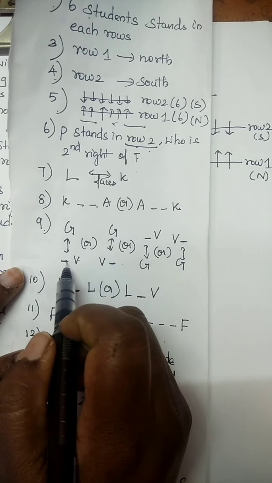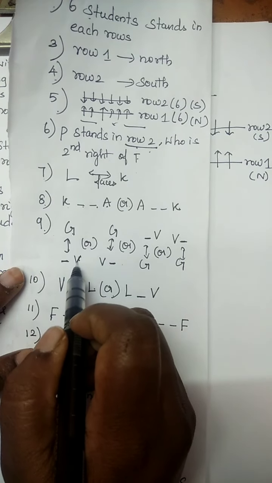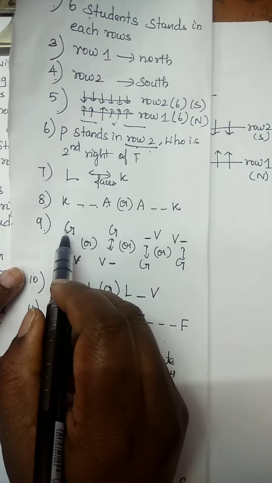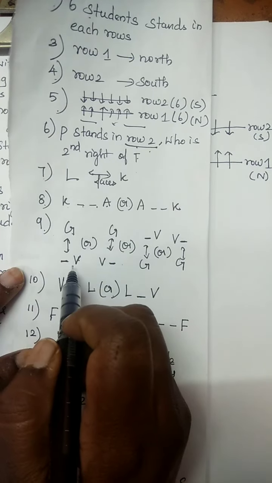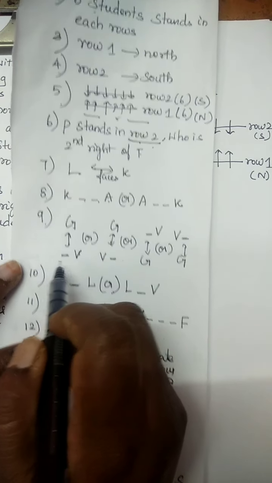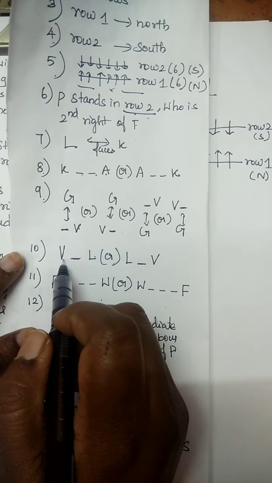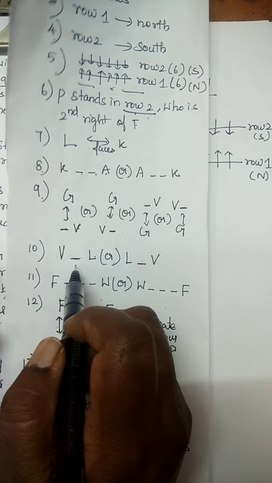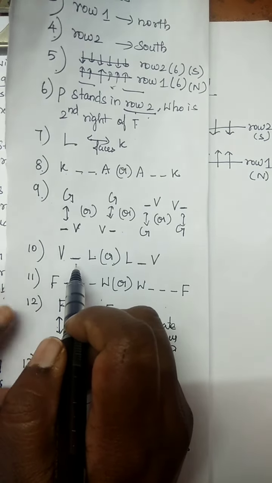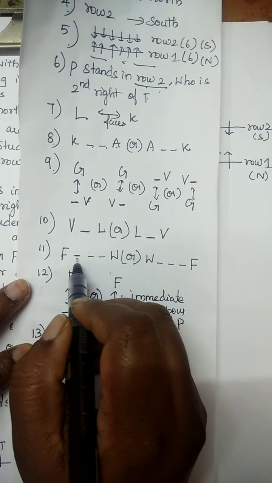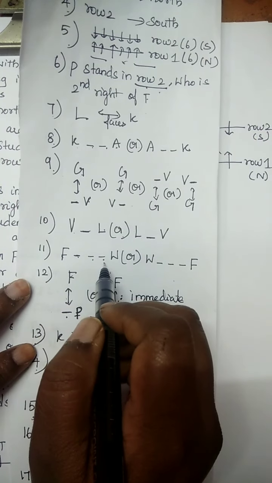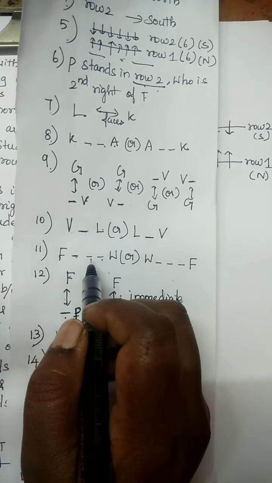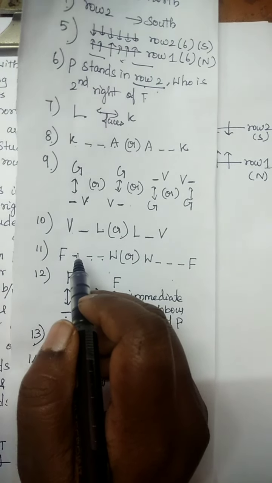G faces immediate neighbor of V. Here also there is no clue. One student between V and L. Here also we don't know. 3 students between F and W. Here also we don't know whether F and W belong to row 1 or row 2.